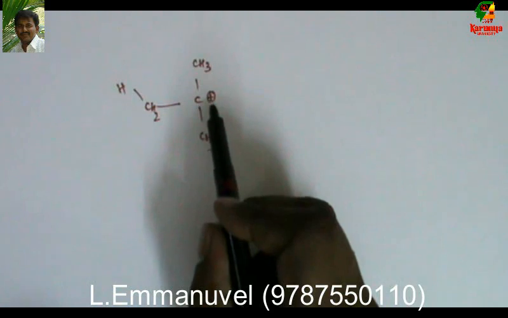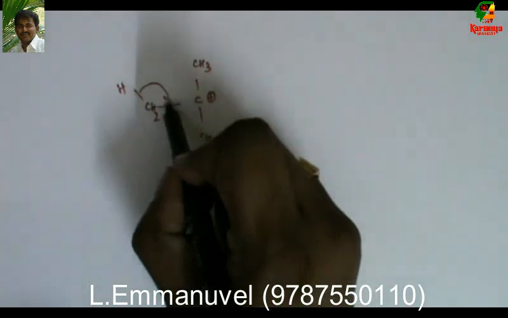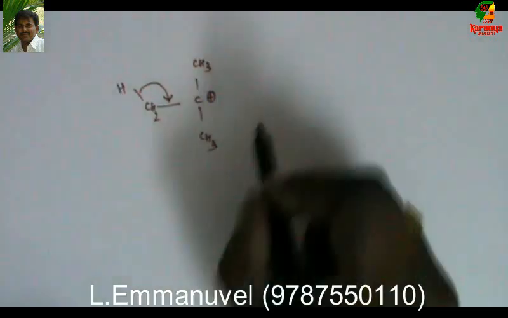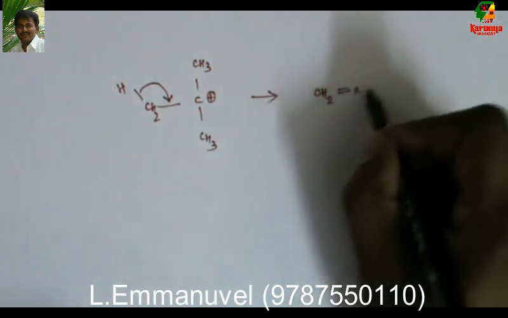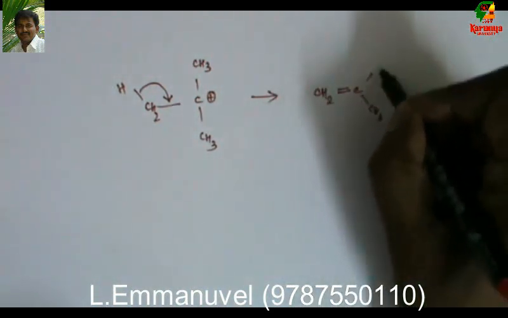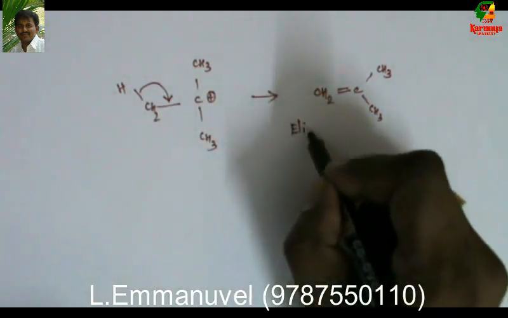The carbocation has a positive charge. There is deficiency in electron density. To fulfill that, this bond may fall here to give an olefin.